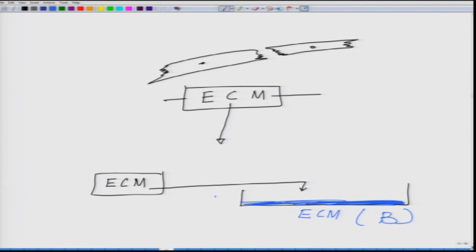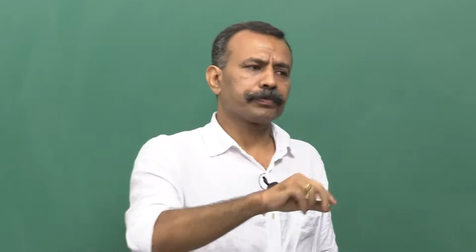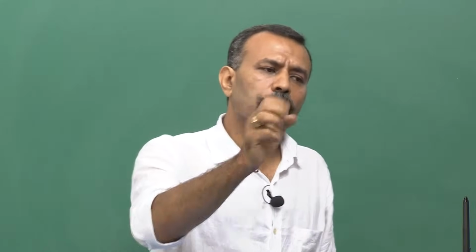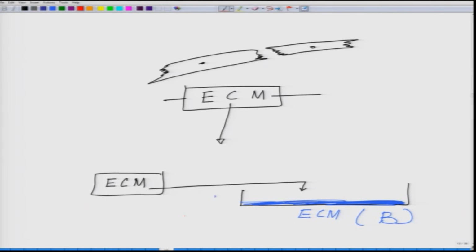If in the extracellular matrix B, you add compound P, something like this, and if you grow these cardiac myocytes out here on top of this, then it will change the properties of cardiac myocyte.